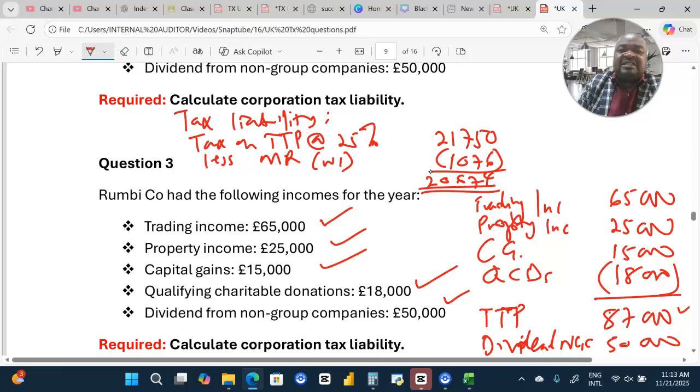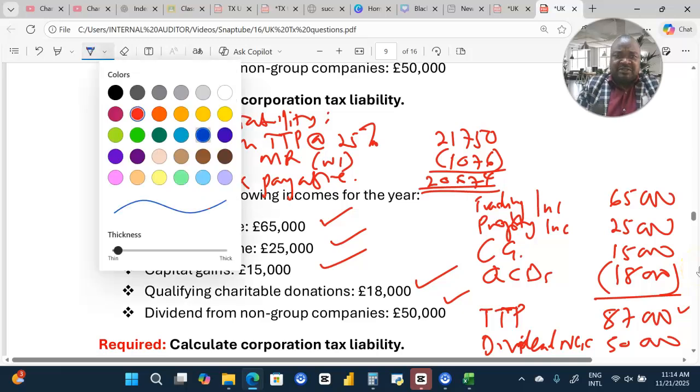This is the tax payable or tax liability. It might not be the exact answer owing to our limited capability calculator, but on Excel it's quite simple. You just have to understand the steps.